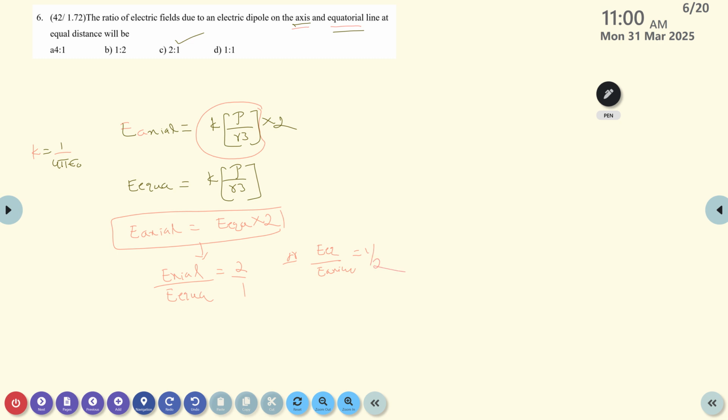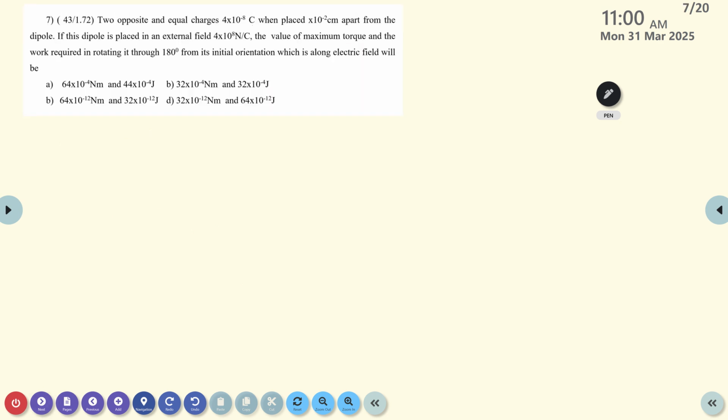One important point you have to consider here: in both cases of comparison, R should be the same, students. Then only it is possible. Suppose R is 10 centimeter here, here also 10 centimeter. If it is 15 centimeter, this also 15 centimeter. Okay.